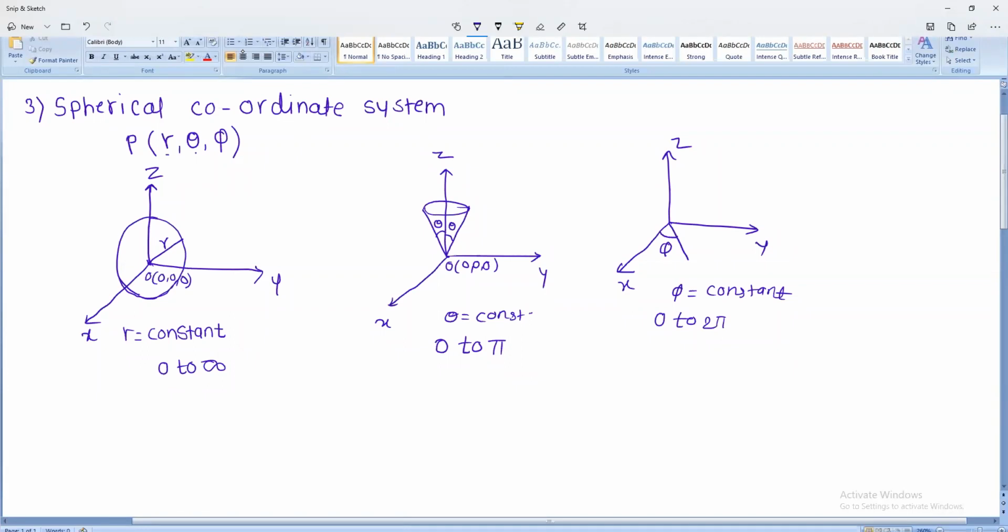Okay, and the third coordinate is phi. Phi is the angle between the x-axis and the plane.